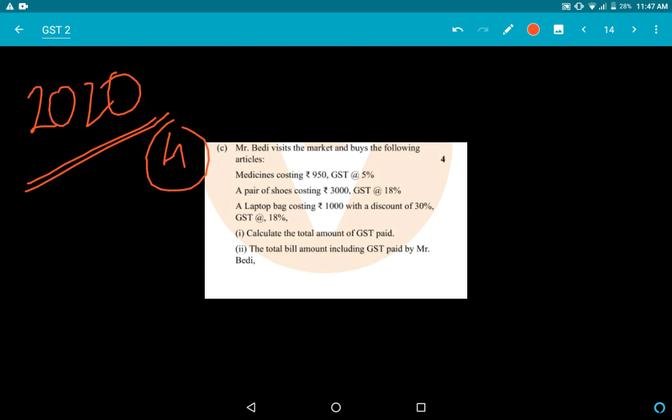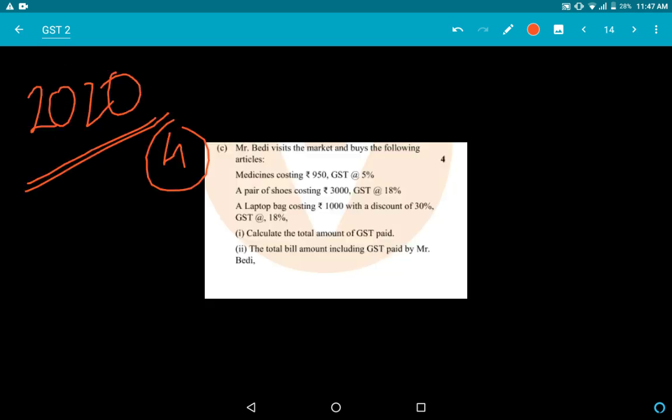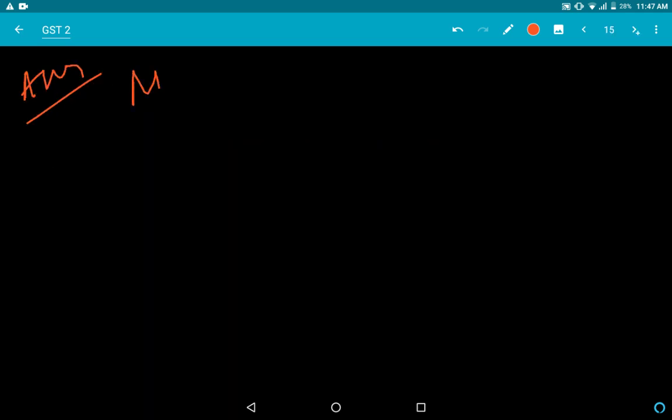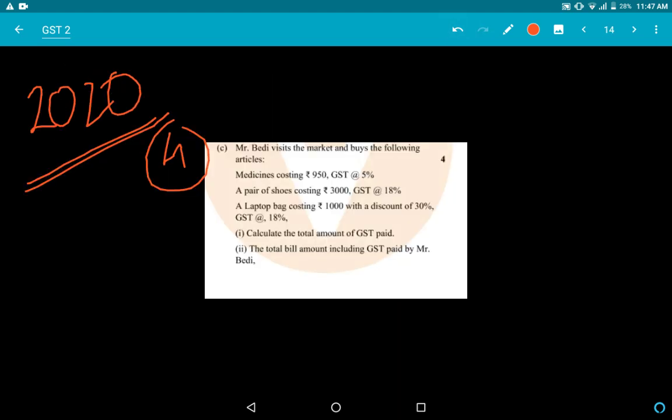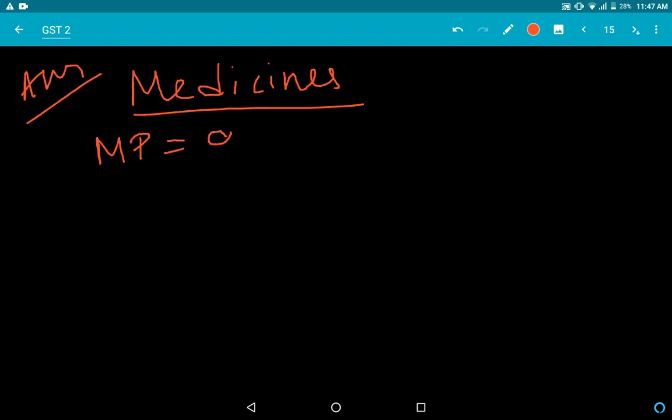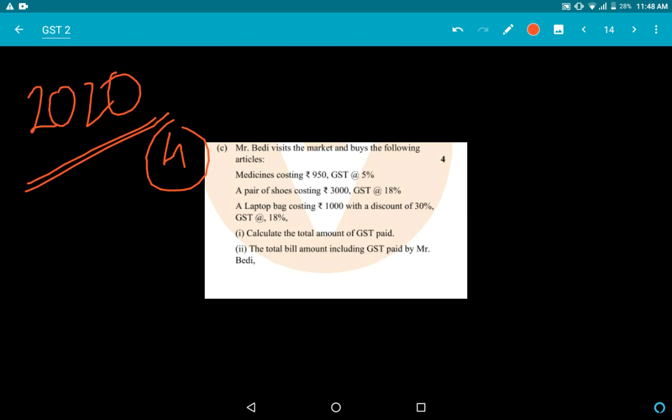Now I'll write how you should write in the exam to get marks. First you'll obviously write answer here. Now you'll write the first thing, medicines. I'm writing exactly in that manner what you should write in the exam. I'm writing MP, list price or whatever you want to say, 950.